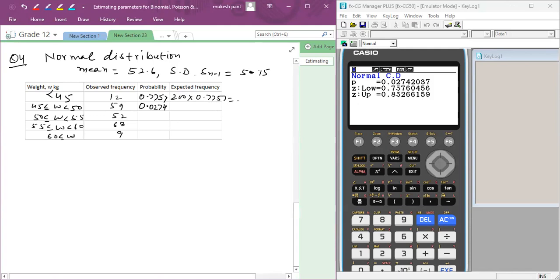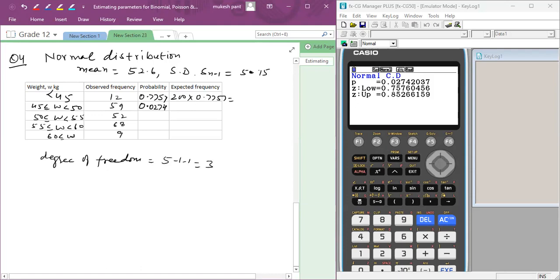On the basis of this, you have to write the degree of freedom. I have taught you the way: 1, 2, 3, 4, 5, so 5 minus 1 minus 1, this is 3.